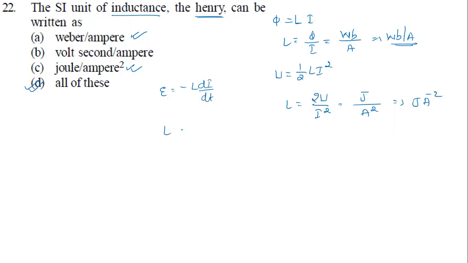So L equals minus E by di by dt. Now E means volt, divided by current in ampere per second. If I take it to the numerator, volt second per ampere. This is also a right answer. So all these are units of inductance, that is Henry, in alternative ways.